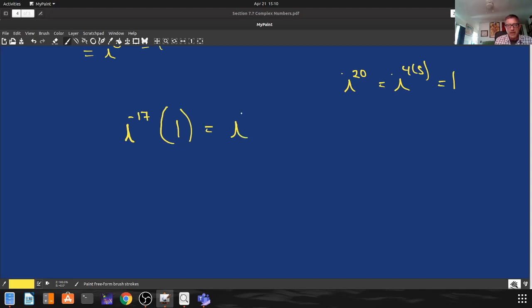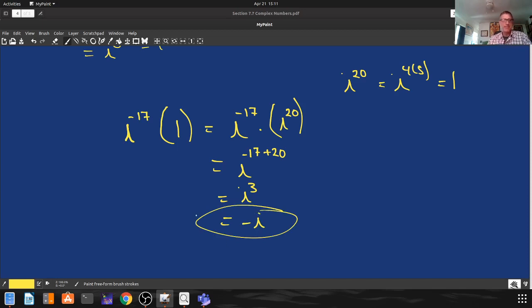I want 20 to be larger than minus 17 in absolute value. So that's equal to I to the minus 17 plus 20. So that's equal to I cubed, which is equal to minus I by our theorem. Okay, that's it for 7.7.